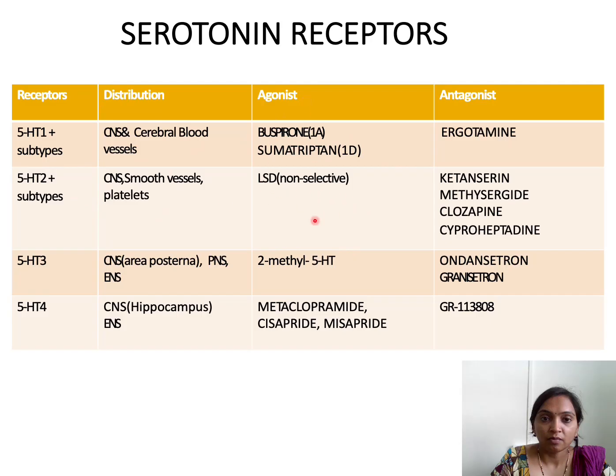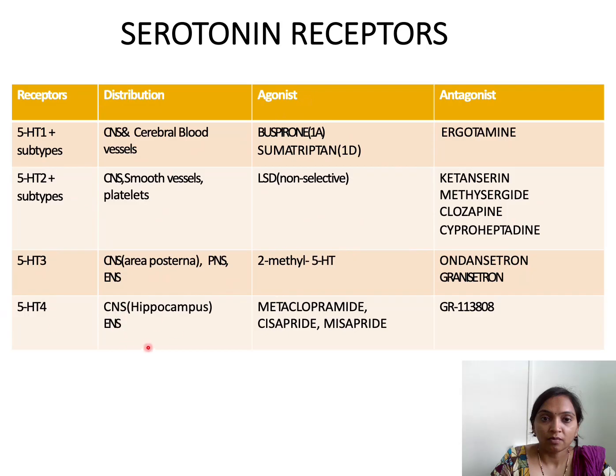Agonist is LSD, and antagonists are ketanserin, methysergide, clozapine, cyproheptadine. 5-HT3 is present mainly in the CNS area postrema, that is the vomiting center, and also in the peripheral nervous system and enteric nervous system. Agonist is 2-methyl 5-hydroxytryptamine. Antagonists are ondansetron and granisetron, which are very much useful in chemotherapy.